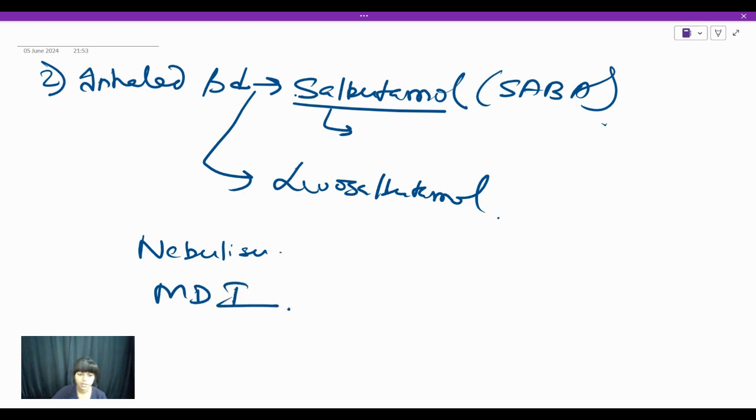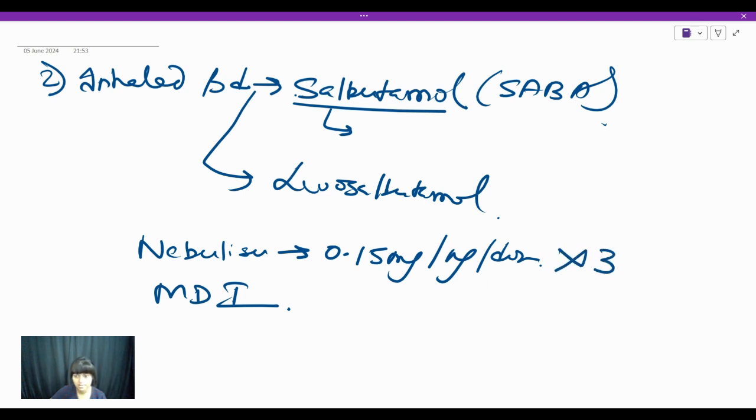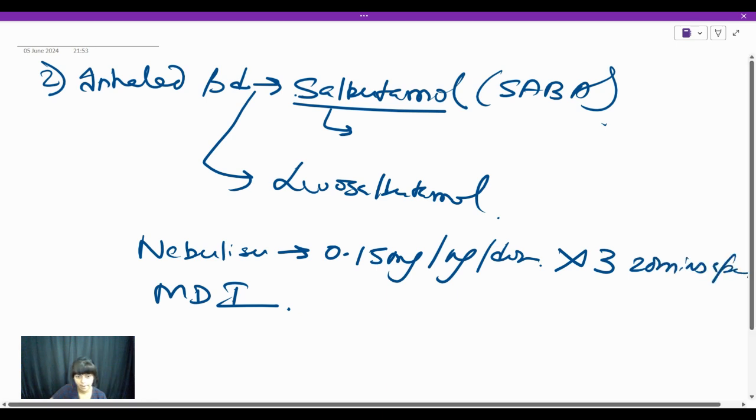If you are giving by nebulization, the dose is 0.15 milligram per kg per dose, and you need to repeat this at least thrice, 20 minutes apart.